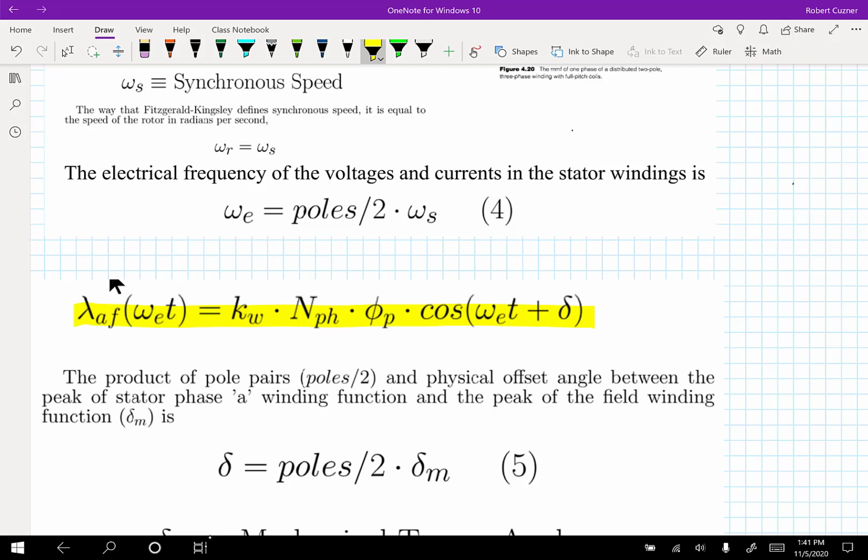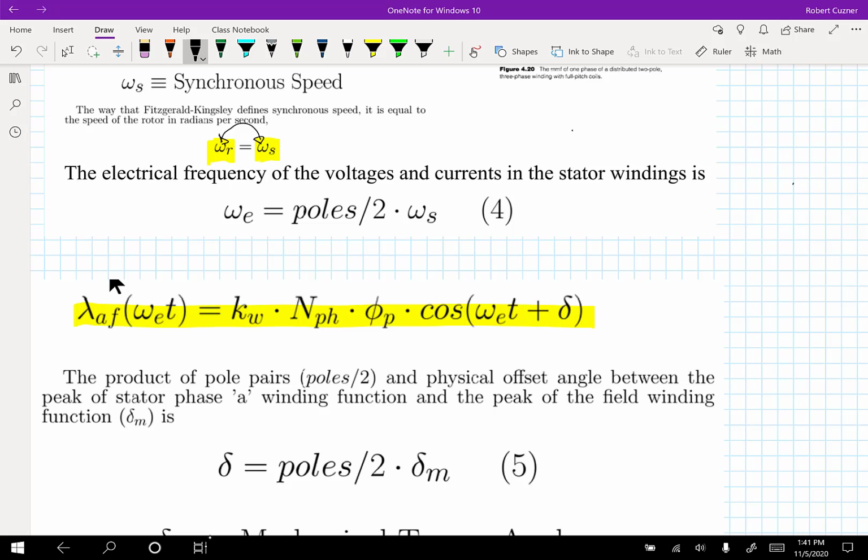And I have this as a function, as I explained before, of a mechanical frequency that I'm calling the synchronous frequency. For a synchronous machine, the synchronous frequency is equal to the rotor frequency.